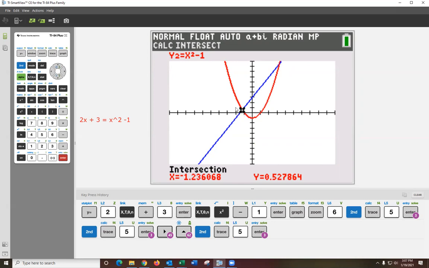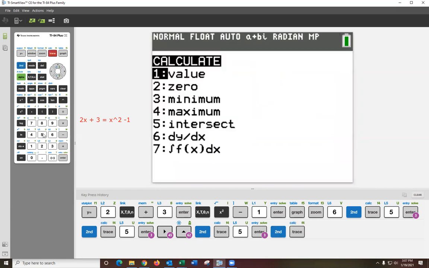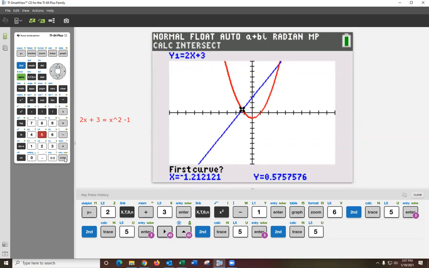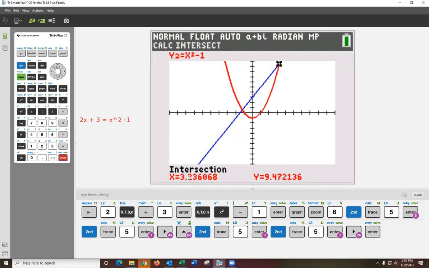So if you want the cursor over there, you have to go second, trace, 5, and then you can do it right now, or you can hit a couple of enters, and then when it says, what's your best guess? Use the left and right arrows to get closer to it. That's plenty close. And now it homes right in on it. Because it says intersection, I know that the process is done, and there's another solution, 3.236.